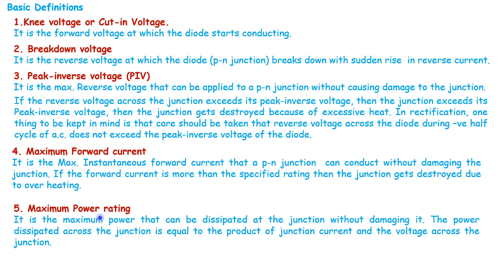The maximum power rating is the maximum power that can be dissipated at the junction without damaging it. The power dissipated across the junction is equal to the product of the junction current and the voltage across the junction. So P always equals current into voltage. So these are the basic definitions related to the PN junction.